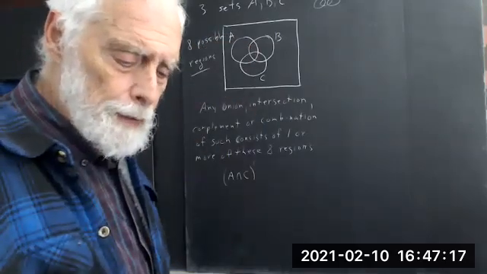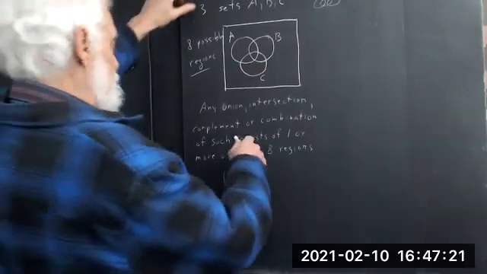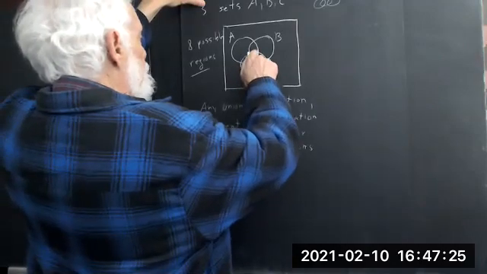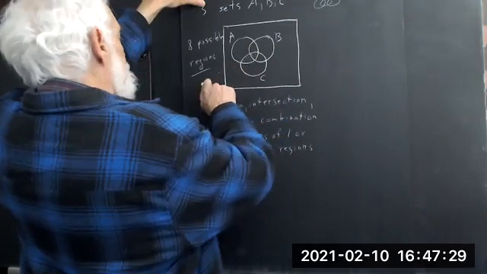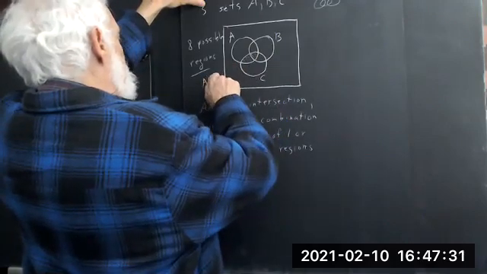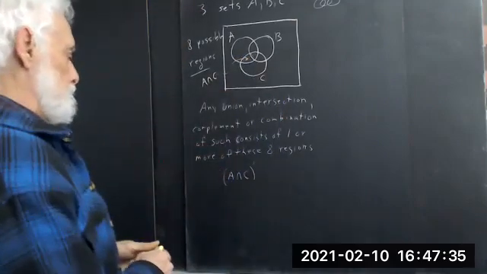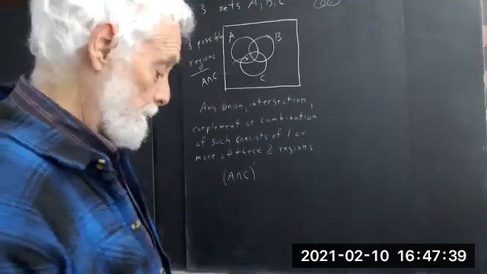So to start saying how this set is shaded, we would shade A intersection C. So let's just make a note that here's A intersection C. Well, we're after A intersection C prime.